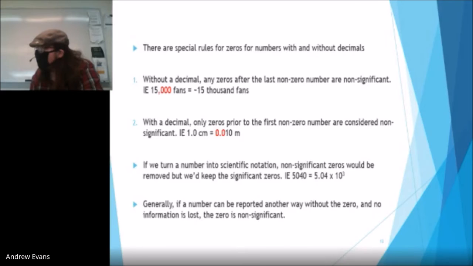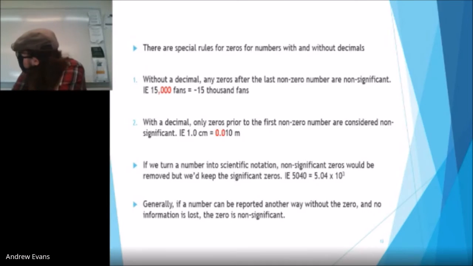With a decimal, we take the first non-zero and go right. Basically, the 1.0 is saying it is exactly 1 centimeter and 0 millimeters. When you look at it in the meter form, that 0.0 basically tells us this is small. The 0 after that is there to say, I know this is 1, I know this is 0, but I don't know anything beyond that.